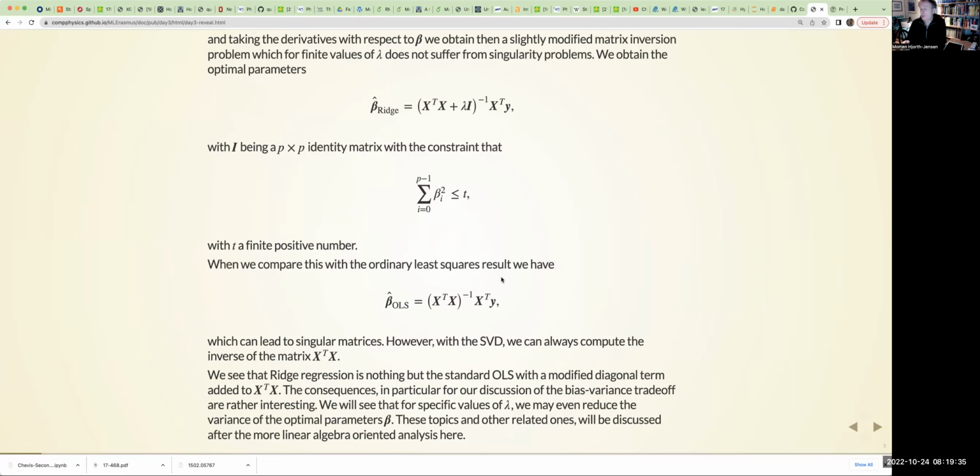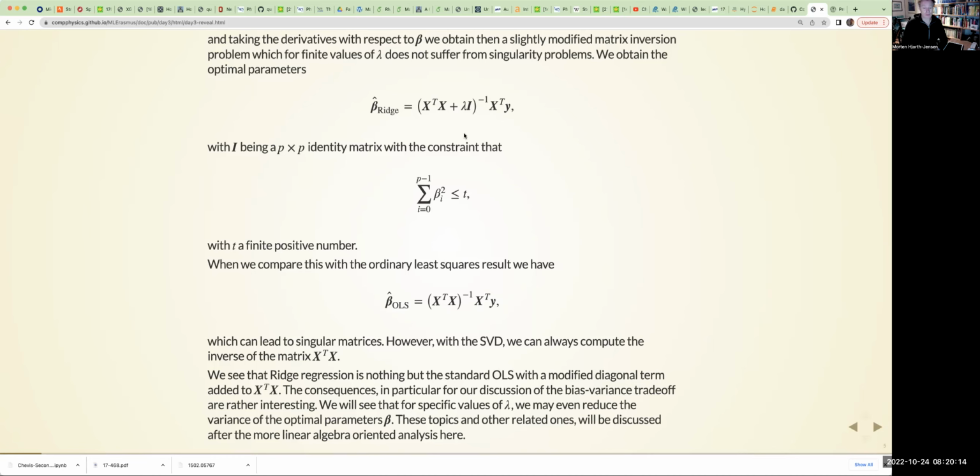However, when we have data with lots of correlations and where the different features may not be fully independent, what we may often experience is that by adding this tuning parameter lambda, we may actually get a better variance for the unknown parameters, which means that they have less deviation from the mean value, and at the same time we may even get a mean squared error which is smaller.